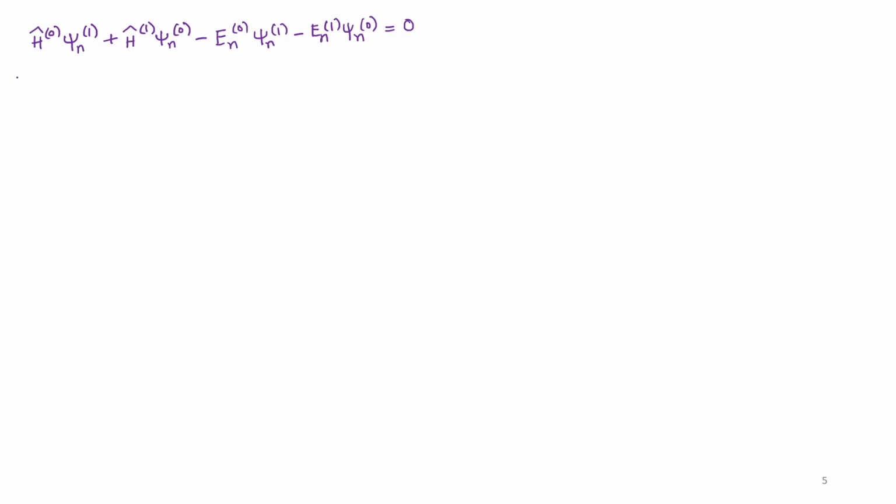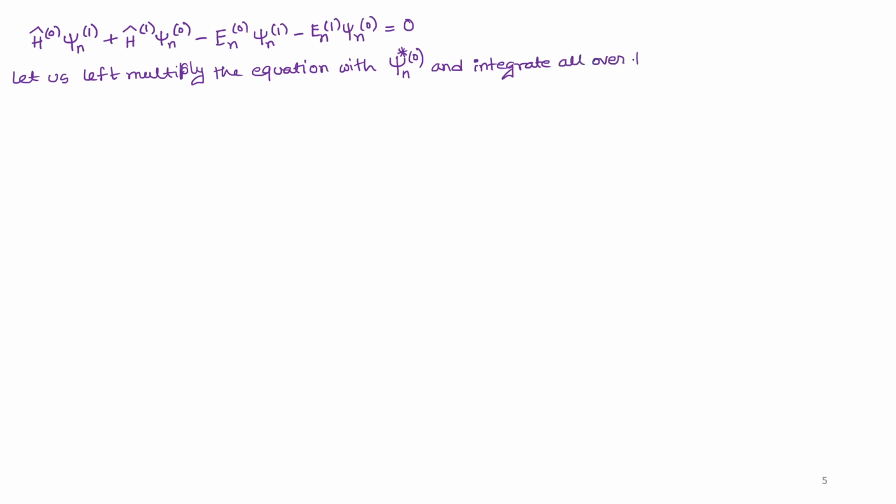Now what we'll do, let us left multiply the equation with psi n zeroth star, the complex conjugate of that, and integrate all over the space. What does that mean?